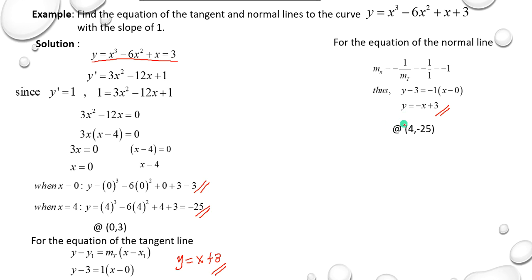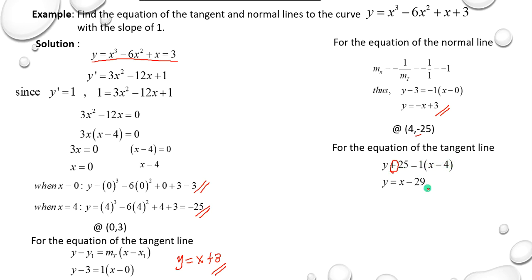Now the tangent and normal lines at 4 and negative 25. For the equation of the tangent line, same procedure. We have y plus 25, because y1 is negative 25 and we subtract it, which makes it positive, equals 1 times x minus 4.